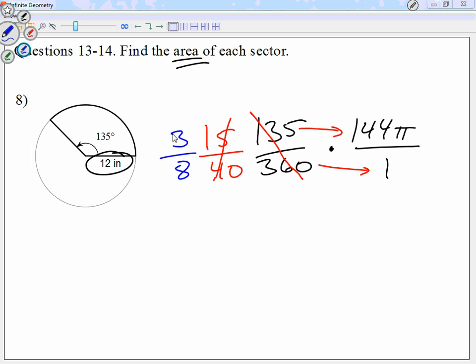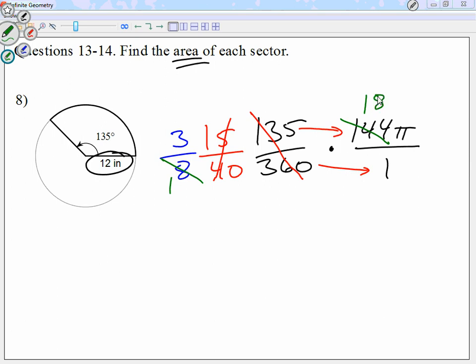Now, diagonal, I can simplify diagonal because that's not how I multiplied. My 8 and my 144, let me divide each by 8. So this is a 1. 144 divided by 8 is 18.